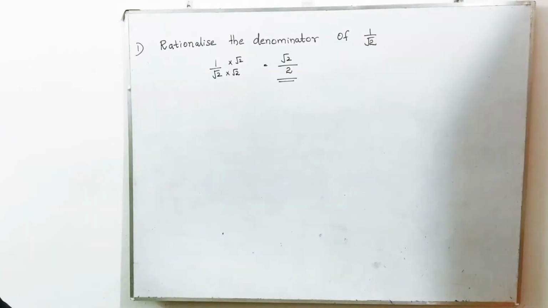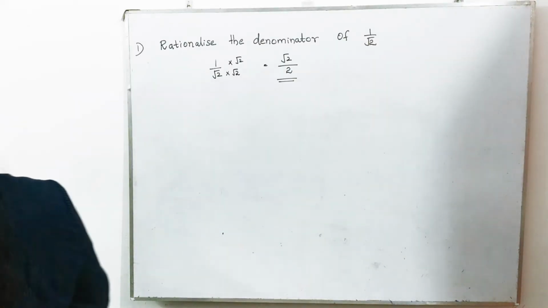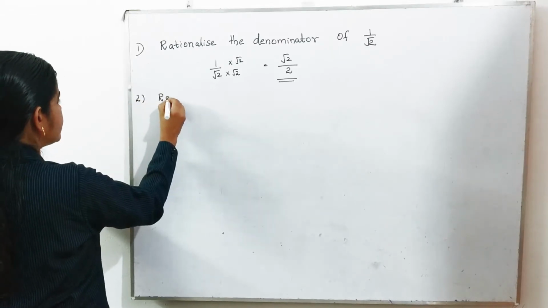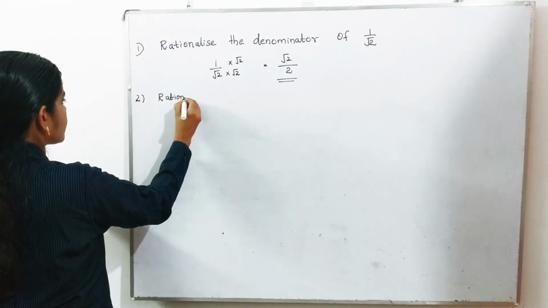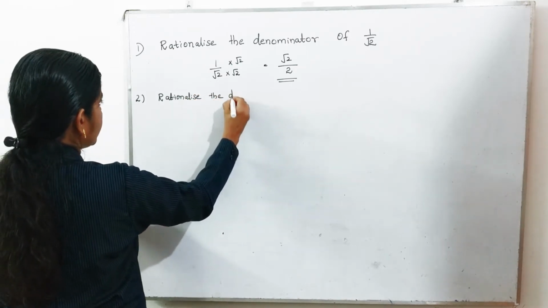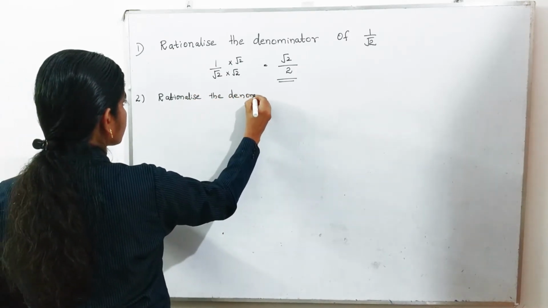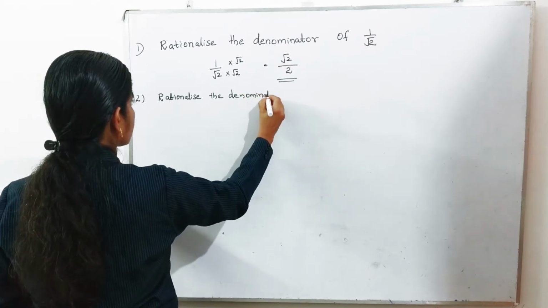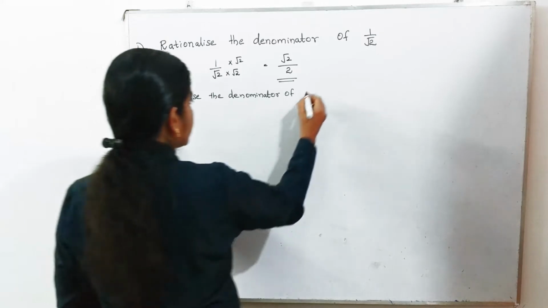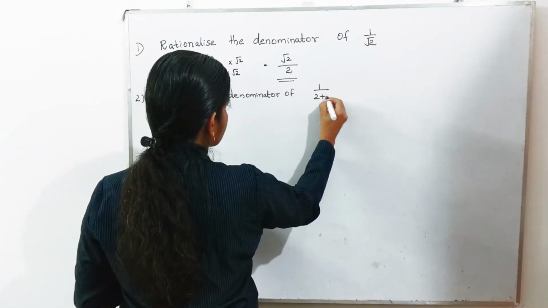Then, second question. Rationalize the denominator of 1 by 2 plus root 3.